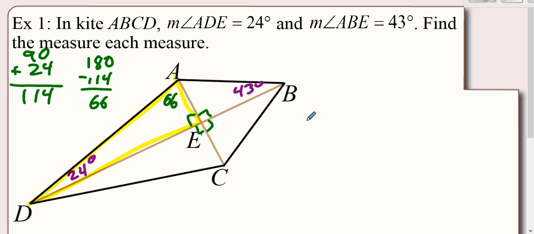We can do the exact same thing to figure out this other right triangle from AEB. So angle BAE. 90 and 43, this one's got to be 47. So that they all add up to be 180.